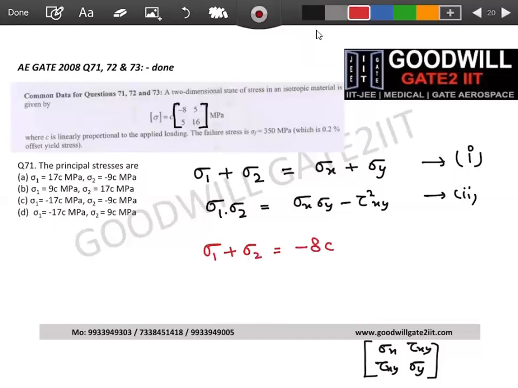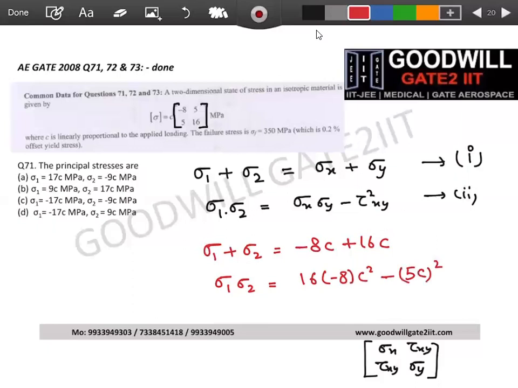Minus 8c and 16c. Sum of diagonal elements. And product of my eigenvalues is nothing but equal to, if you agree, sigma x is minus 8, sigma y is 16, 16 into minus 8, let's say c square, minus tau square xy, which is 5c whole square. You solve these two equations.